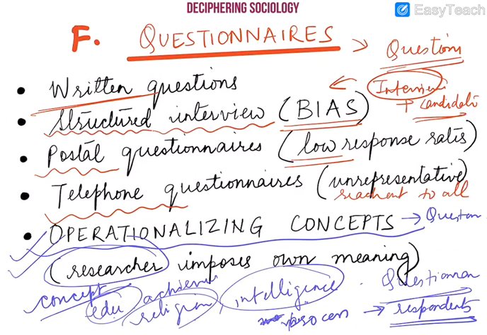For example, the researcher is studying intelligence. Then the respondent or the candidate whom I have chosen might not see intelligence as I see it, right?